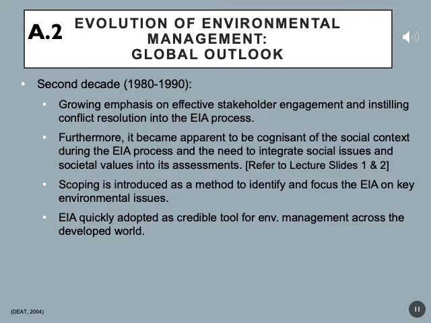And here you can refer back to lecture slides 1 and 2, where we looked at values and decision making and the self in the environment. During this decade, scoping is introduced as a method to identify and focus the EIA on key environmental issues. And you will see we go more into scoping as a step in our EIA process in the next set of slides, and next is slide 6. The EIA is then quickly adopted as a credible tool for environmental management across the developed world.